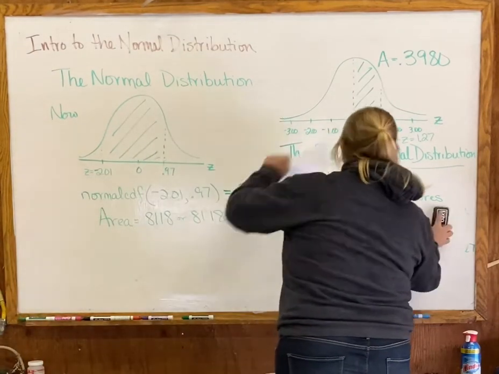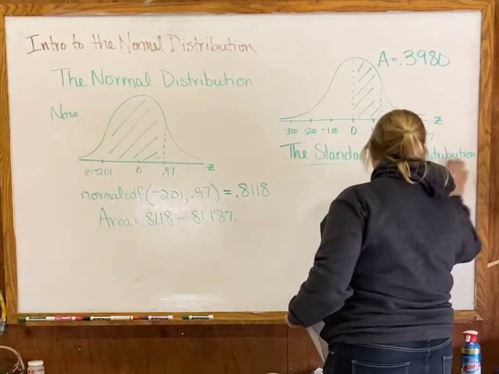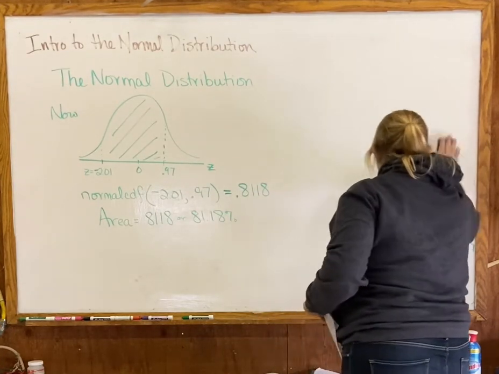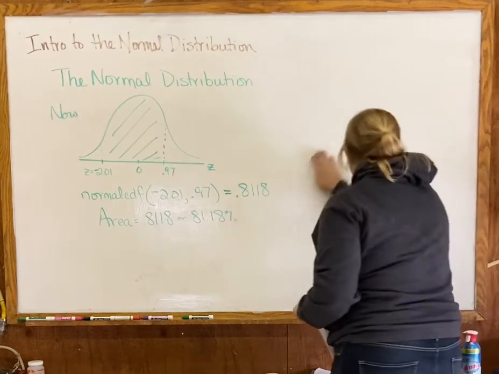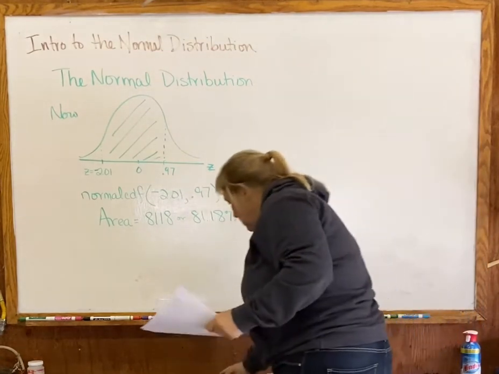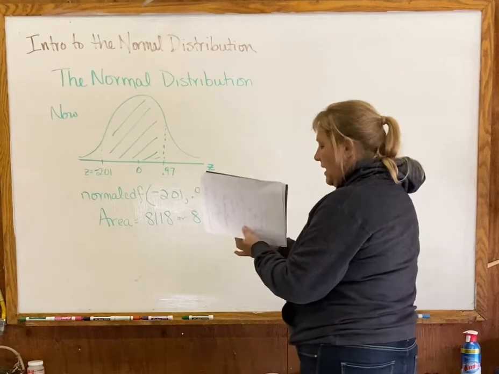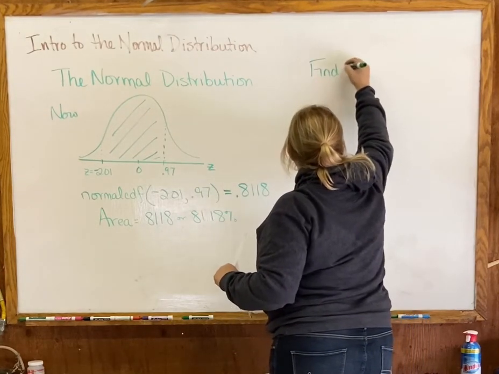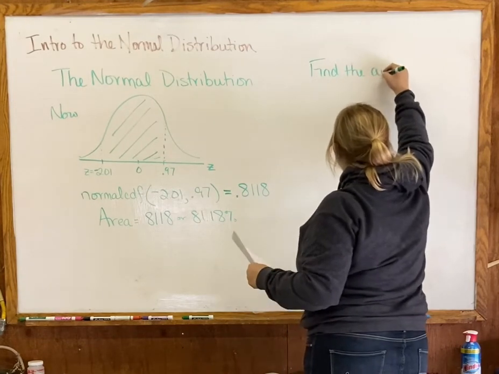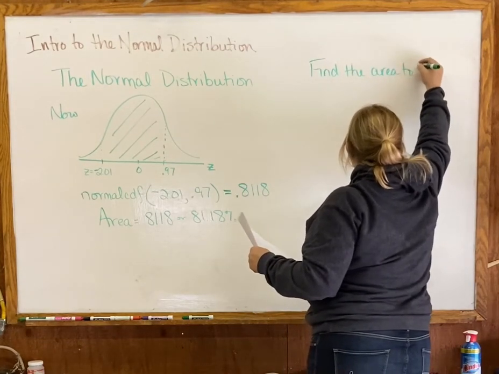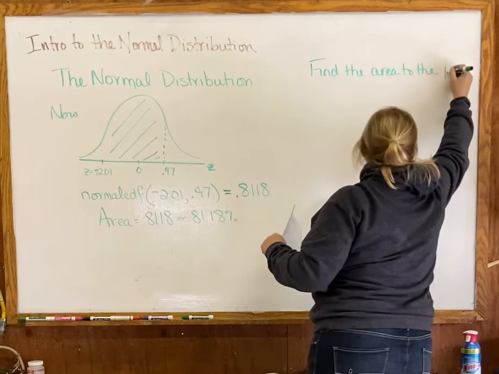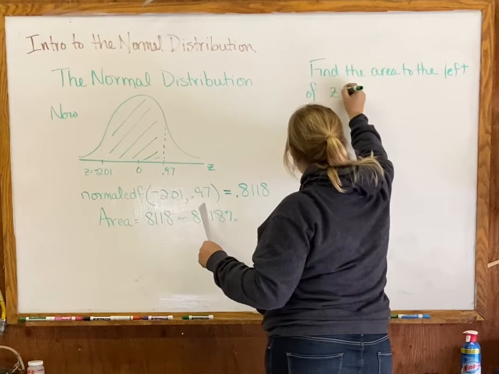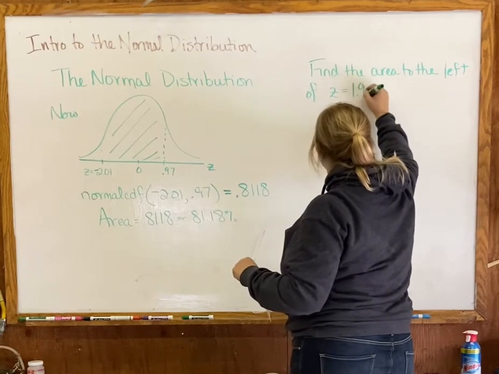The ones like this one, where we have actually two boundaries, are the easy ones to plug into the calculator. But sometimes we're not so lucky. So this time, this one says find the area to the left of z equals 1.99.